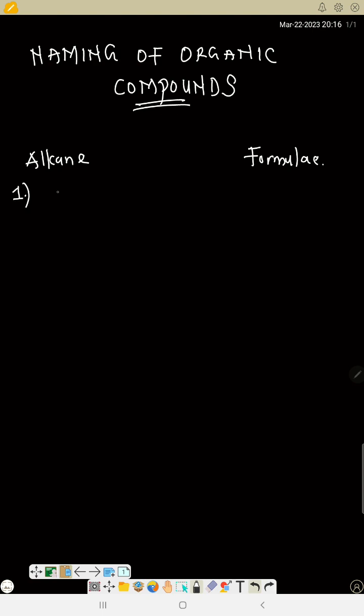So one carbon, that will be methane. So that is the alkane group. So they will end with ane, so one is meth. So the suffix is ane, so it will end with ane.